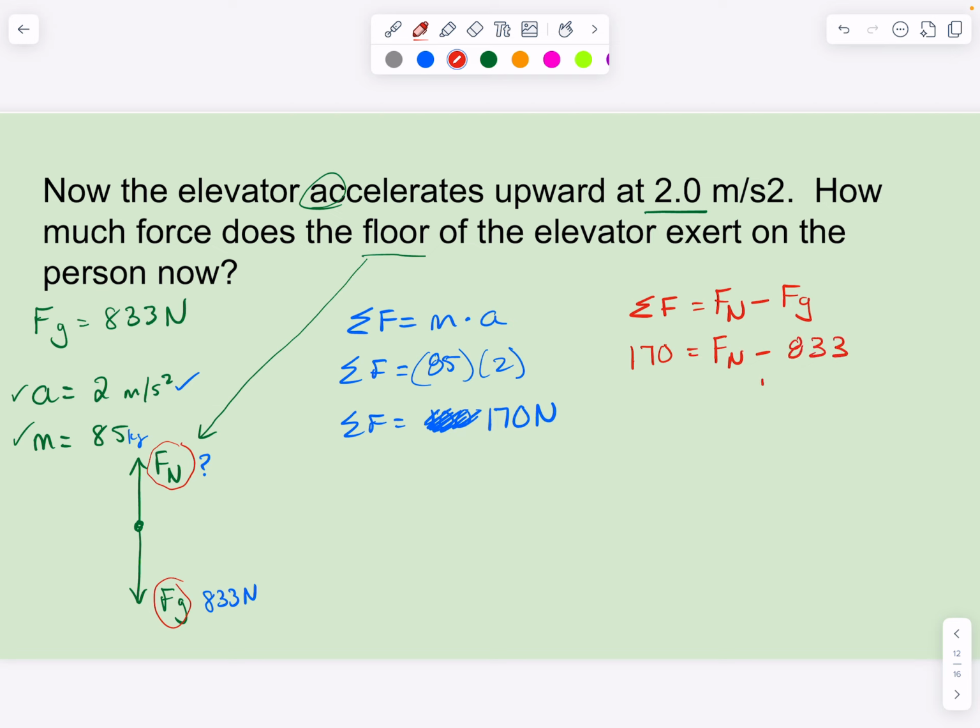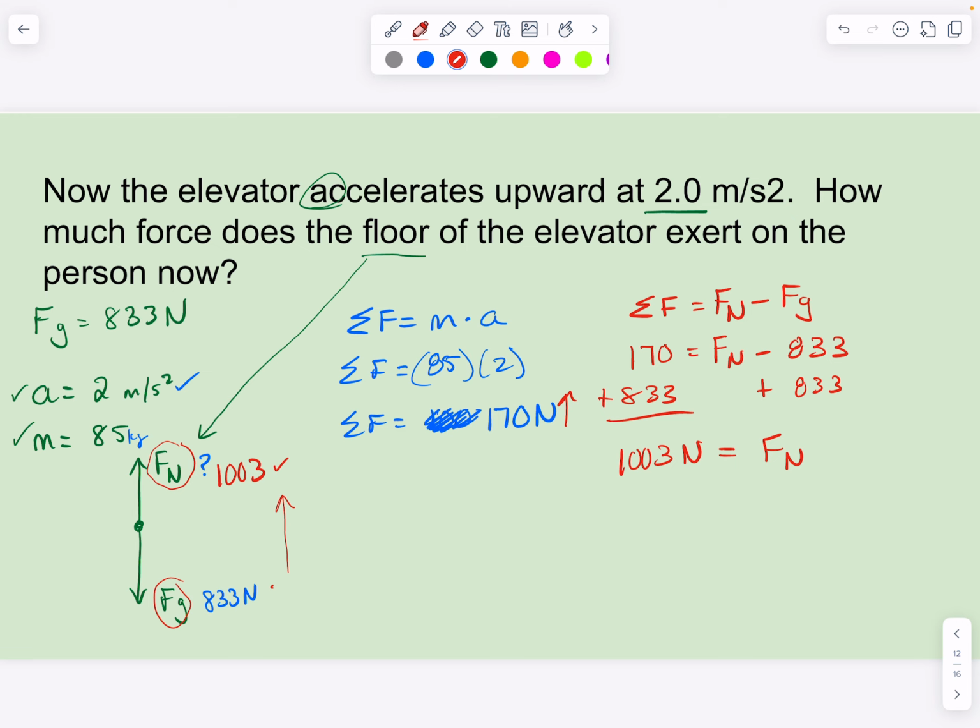So to solve for the normal force, we'll add 833 to both sides. And we'll have 1,003 newtons is the normal force, or the force of the floor on the person as the elevator is accelerating upwards, which makes sense to have a greater value here than before because I'm moving in this direction. I'm moving up with 170 newtons of net force, which is why I feel that acceleration.